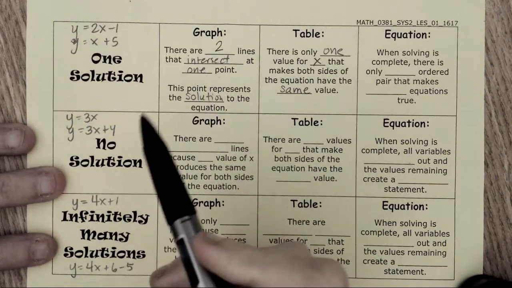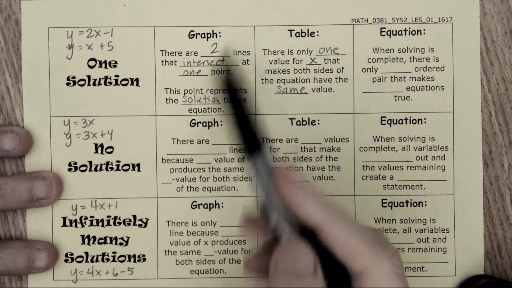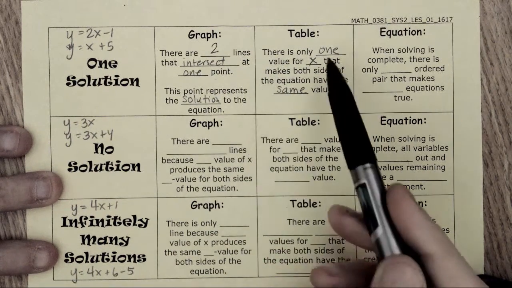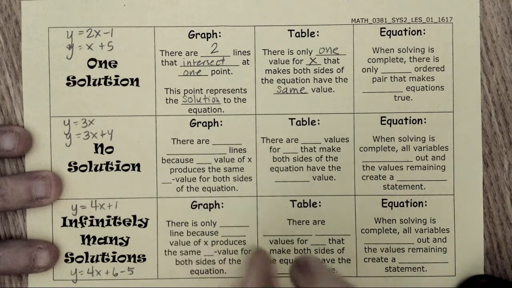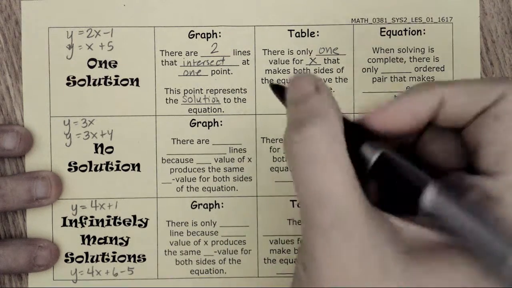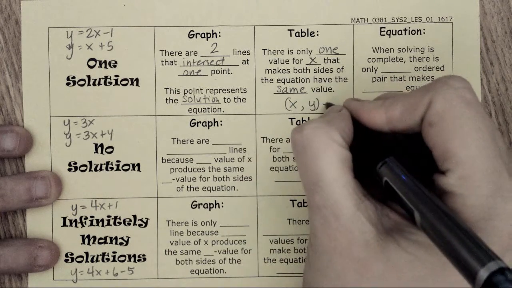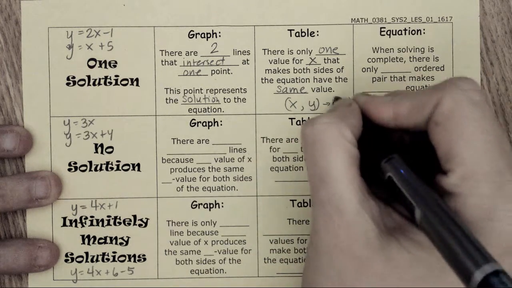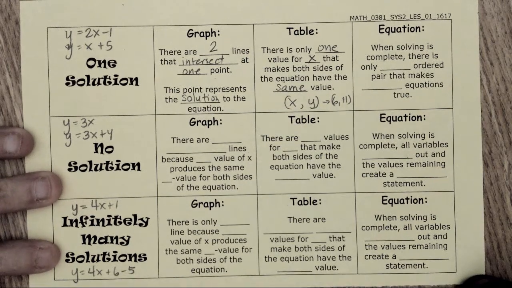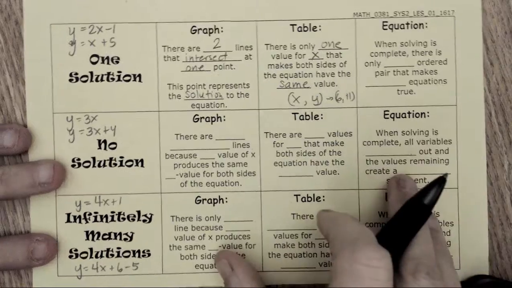So that's what it looks like when we have one solution. Our graph is going to have two lines that cross at one point. Our table is going to have one row where y1 and y2 are the same, and my answer is x, comma, y. And in this case, that was 6, comma, 11. Okay? But again, I'm not looking at y, I'm looking at x, comma, y. Okay? And again, we're going to save equation for later.